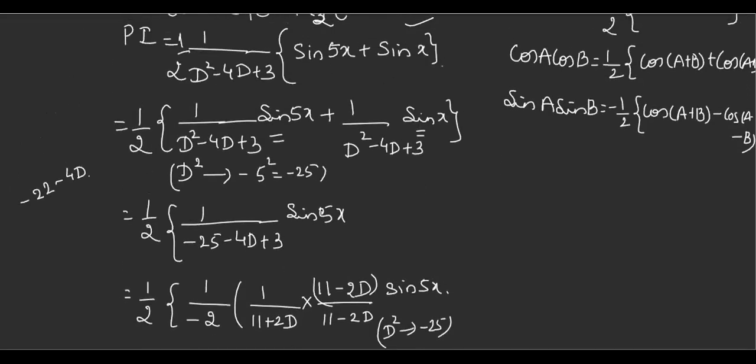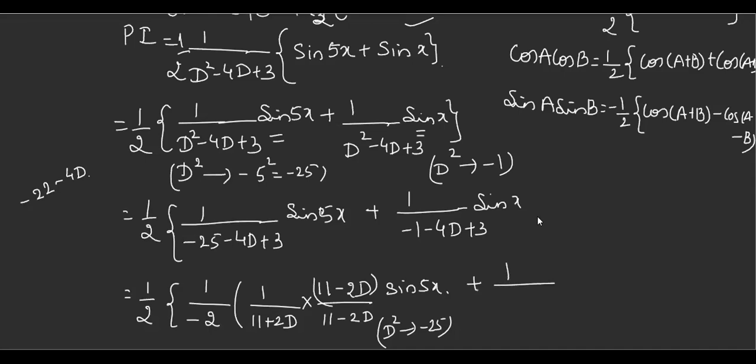Just see, the second term we'll simplify in a similar way. So now the coefficient of x is 1 here. So the replacement is D square by minus 1. So this is 1 upon minus 1 minus 4D plus 3, into sin x. What is 3 minus 1? It is 2.